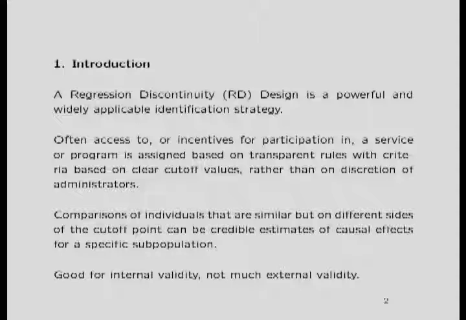But when does this arise in practice? The idea here is that participation in a particular program that we're interested in evaluating is based on a criterion with a very clear cutoff point. So a particular program may only be open to people over 25, as well as be mandatory to people over 25.